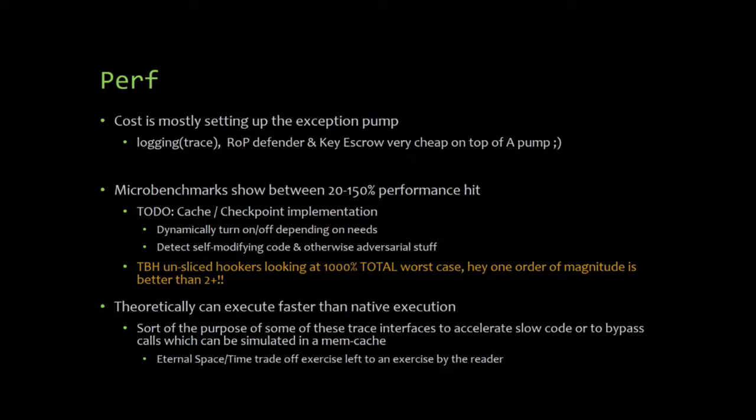So these are some of the different things, some of the micro benchmarking. Total worst case scenario was 1,000%. Sounds slow, but if you slice it up and have good checkpoints of where you want to enable and disable tracing, it's as low as 25%. It's impossible to have one method that does everything all the time.